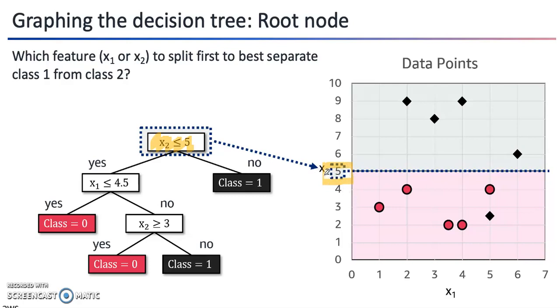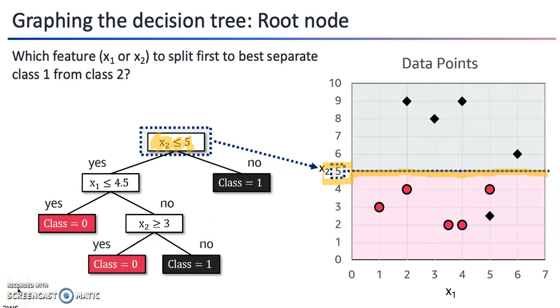We may use that threshold value to split the vertical axis, and this is denoted here with a dashed or dotted line, and that would split the two-dimensional plane basically into two sub-regions.